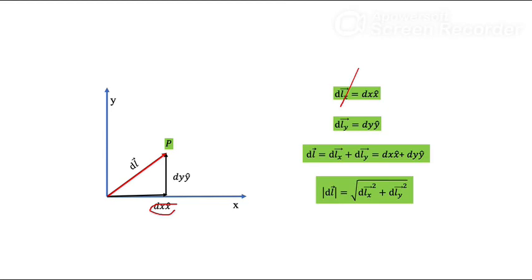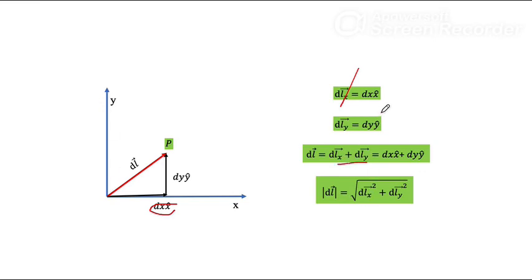So this vector dl, which represents a vector from the origin to a particular point, call this p, can now be decomposed into two components, dlx and dly, which is nothing but dx x hat plus dy y hat.